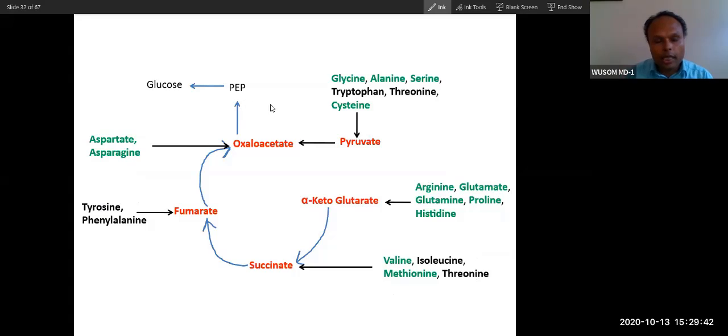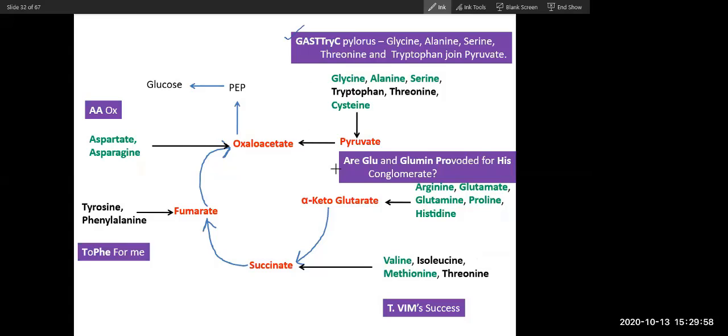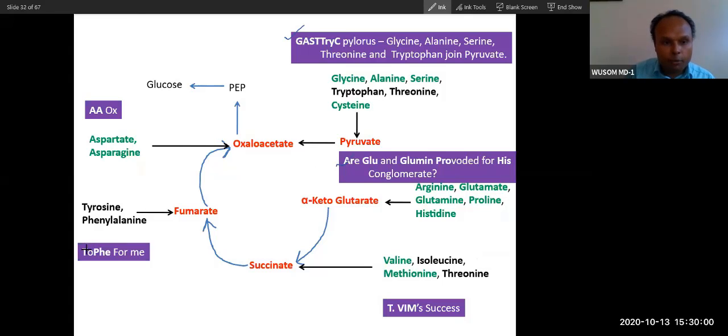I have also given you mnemonics. You can use this. This is actually a very important slide, but because I will teach you in detail in MD2, I did not talk much about this. I just wanted to mention that this is the function of the Kreb cycle during fasting condition.